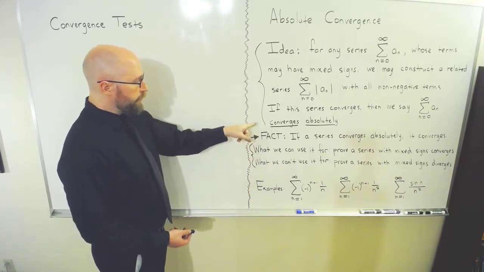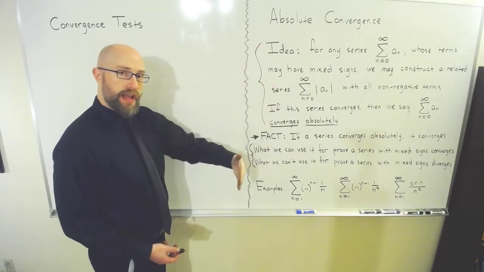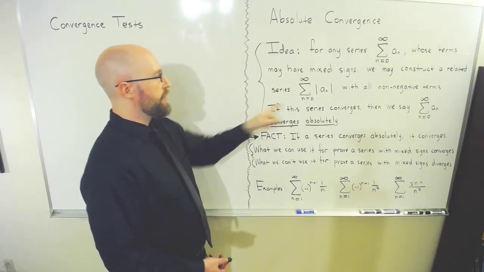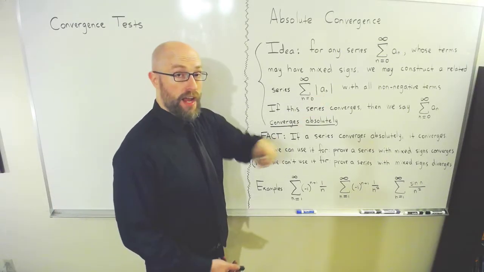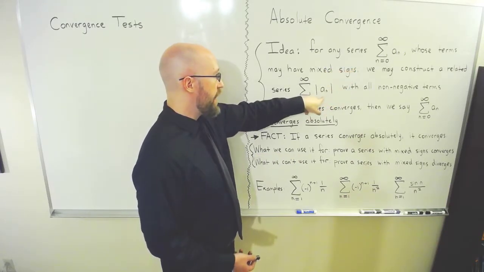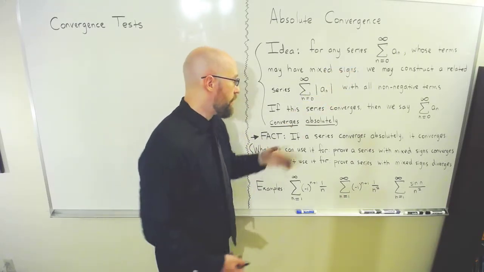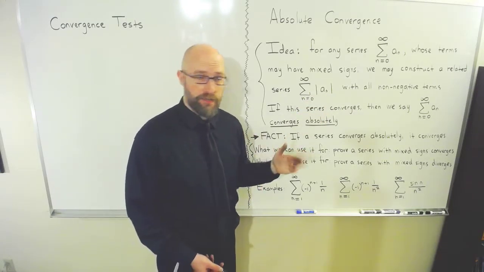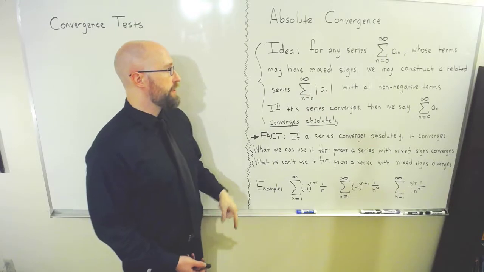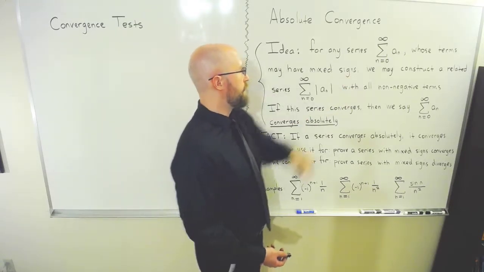So this allows us to do that in some cases by a two-step approach, where first we construct this related series, check if that converges, and then if it converges, we check with existing results we have about series with non-negative terms. And then once we conclude whether or not that converges, that can tell us something about whether or not the original one converges.